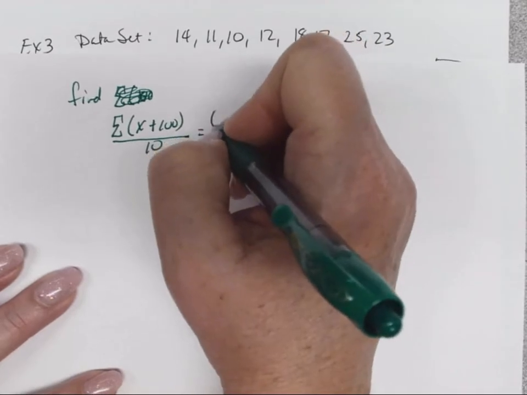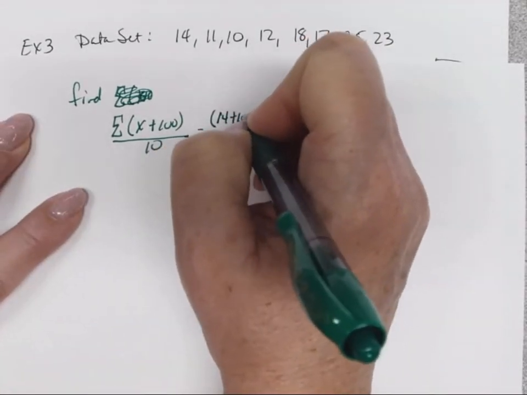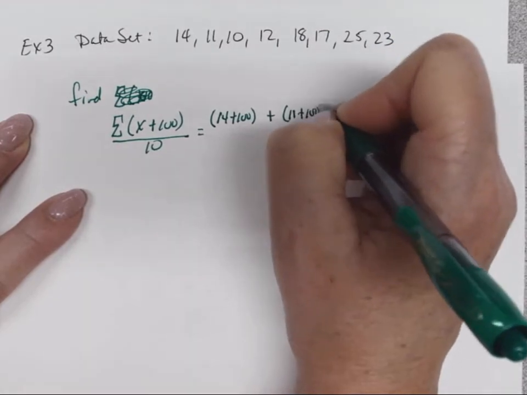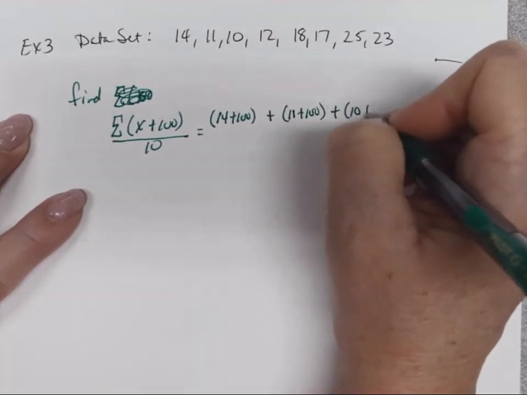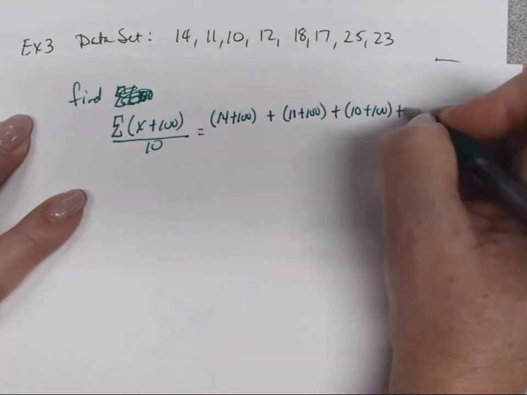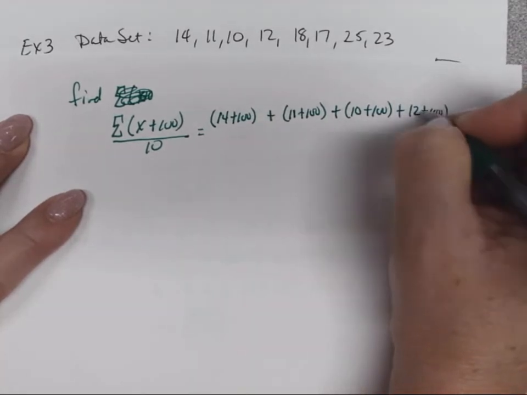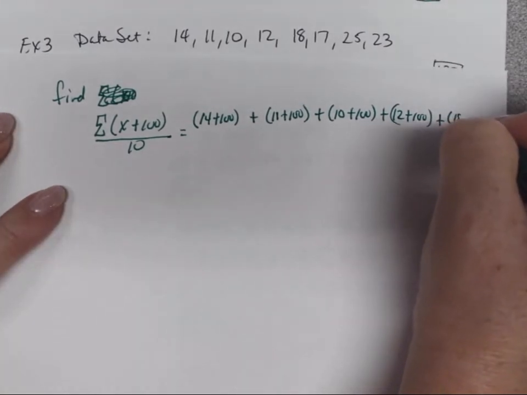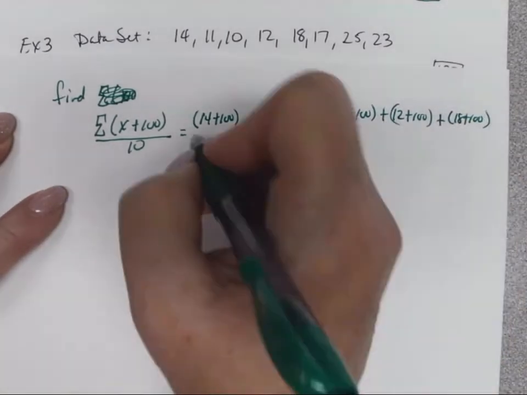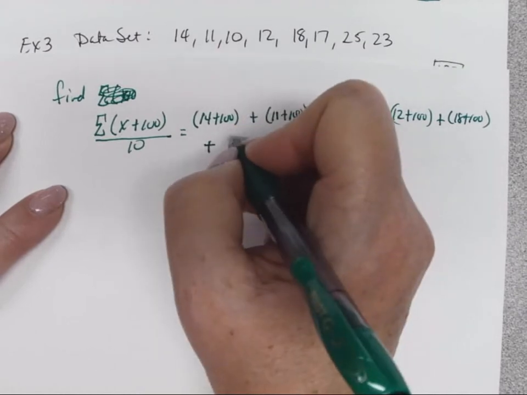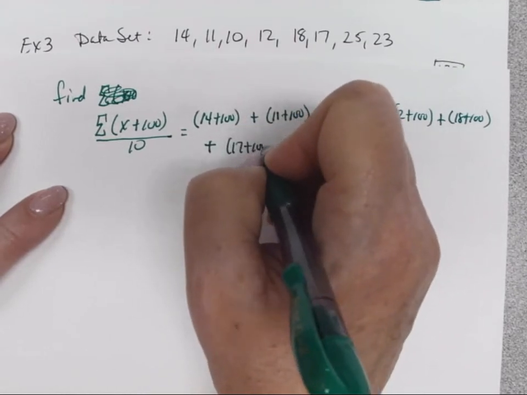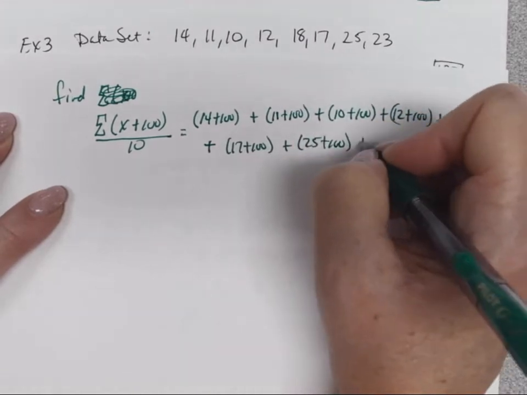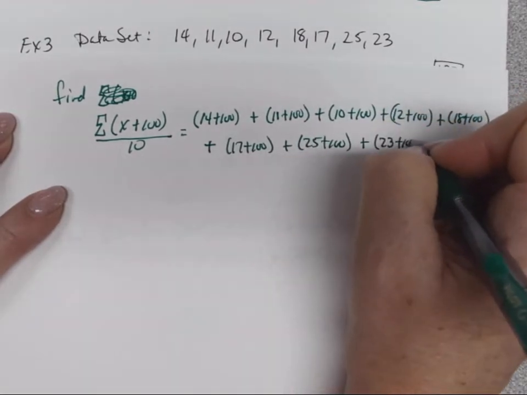So we're going to have 14 plus 100 plus 11 plus 100 plus 10 plus 100 plus 12 plus 100 plus 18 plus 100 plus 17 plus 100, plus 25 plus 100, plus 23 plus 100.